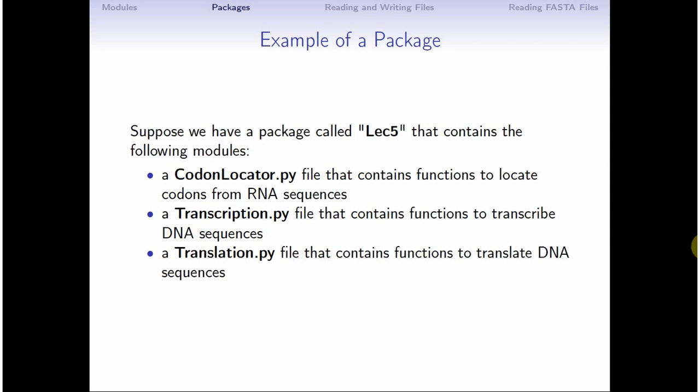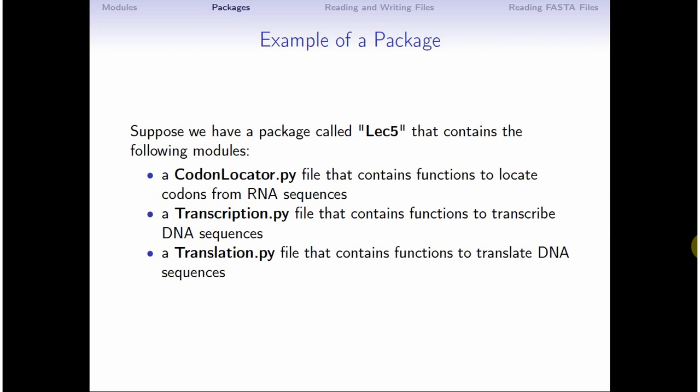Suppose we have a package called lecture file that contains the following modules: codon locator, transcription, translation, like all the RNA stuff. The codon locator module contains functions to locate codons. Transcription is the function that transcribes the DNA.